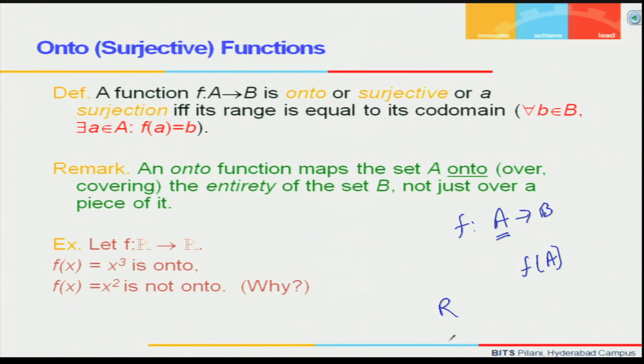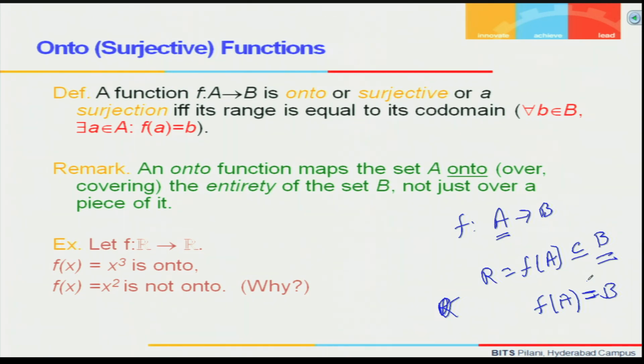We have seen this range, that is f(A). This is always a subset of B, that is the codomain. And for a function for which the range is equal to the set B, we call the function onto, otherwise not.